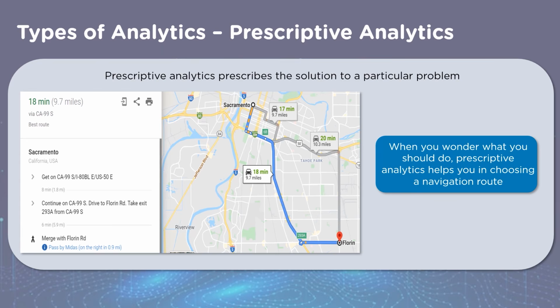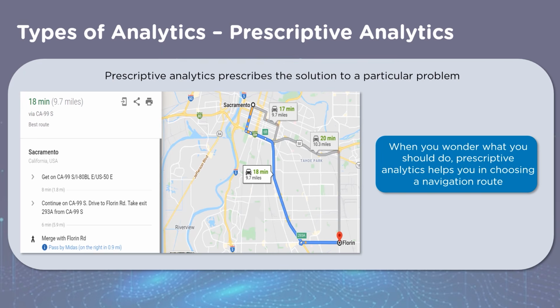Now let us focus on prescriptive analytics. Prescriptive analytics describes the solution to a particular problem. What was the problem in this case on the predicted best route? Some predictions of traffic congestion. And that's when Google Maps recommends the substitute routes, correct?